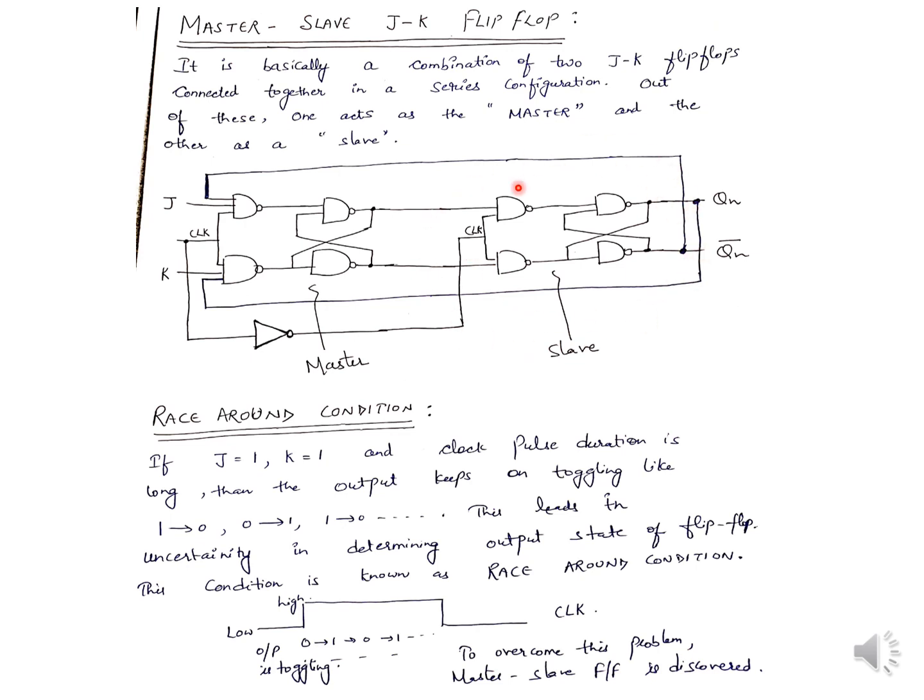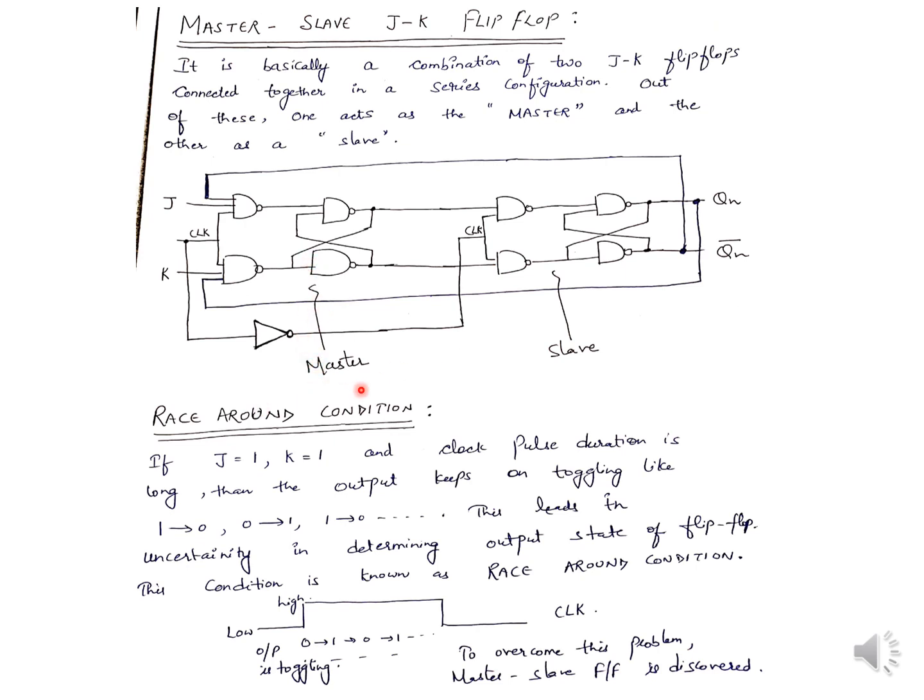So if the clock is 0, this flip-flop is not going to work. Only this flip-flop is going to work, because the clock pulse is high here. So at one time only one flip-flop is going to work.